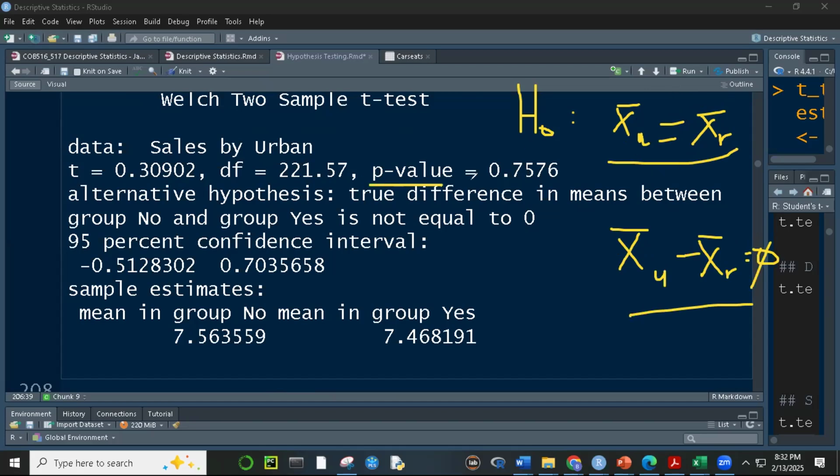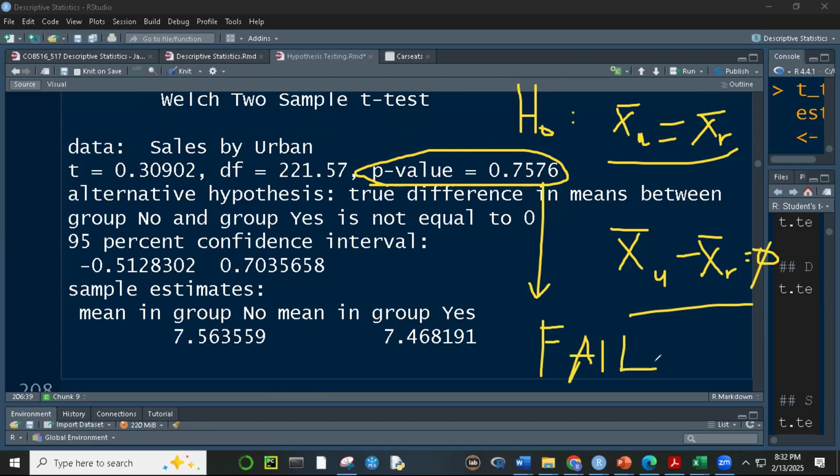The p-value is 0.7576. So as we stated a while ago, when the p is low, the null must go. Here, the p is 0.7576. Therefore, our conclusion is that we fail to reject the null hypothesis.